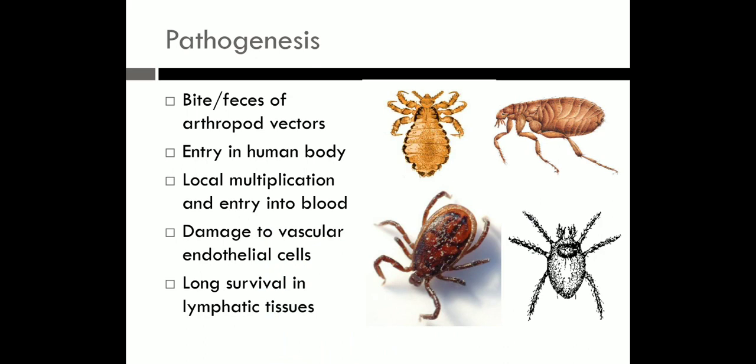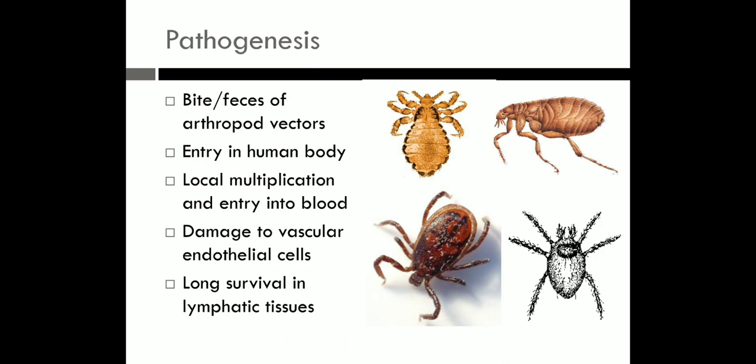So ticks and mites are primarily transmitted by biting during a blood meal, and louse and flea are transmitted by autoinoculation due to rubbing or scratching of the abraded skin or mucosa contaminated by the insect feces.